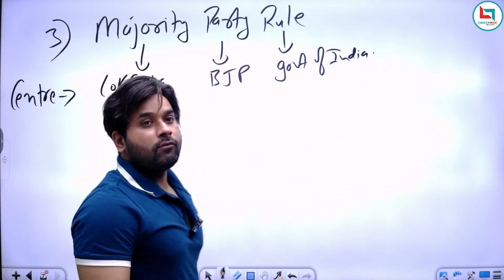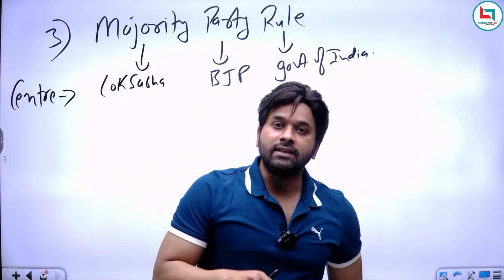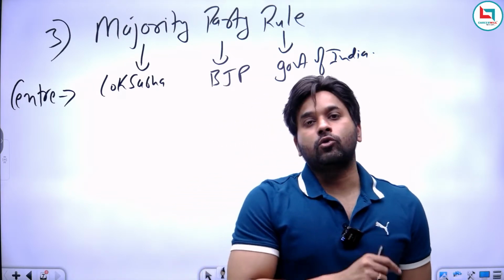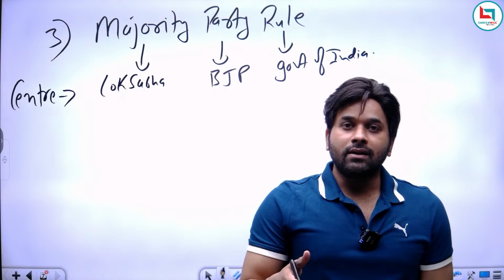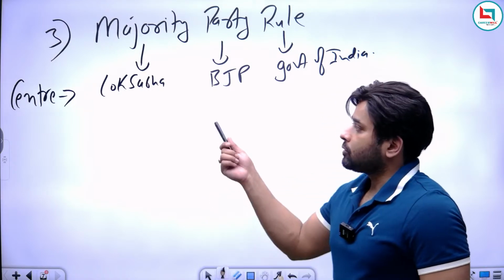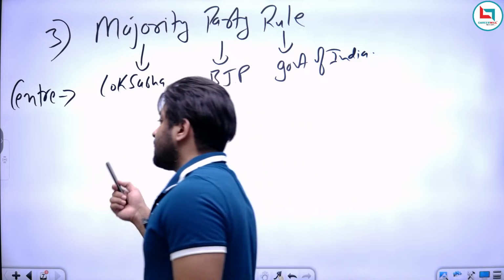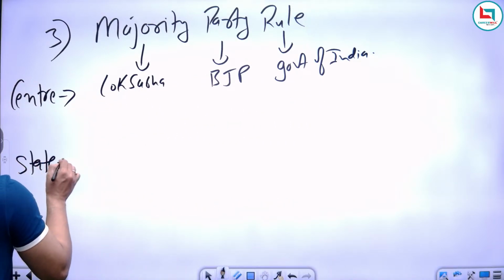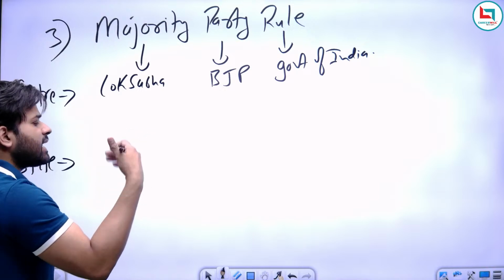So why BJP was able to form government at the center? It was because the party which secures majority in the Lok Sabha, that party is able to form the government at the center. So now let us see whether this feature exists at the state level. So in a state, let us take example of Punjab.